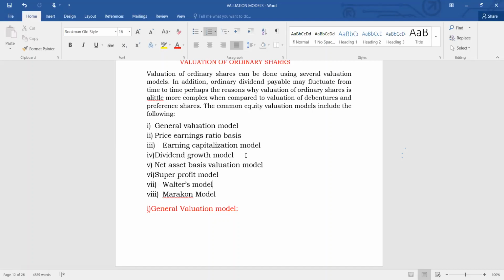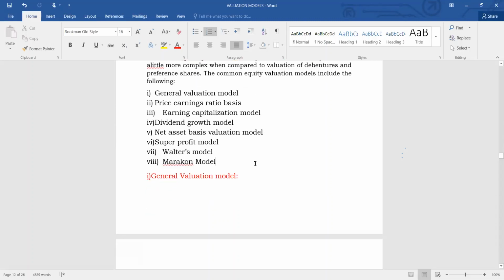One obvious reason is that these models cannot provide the same answer. You can value a share of the same company, and these models will definitely yield different results.